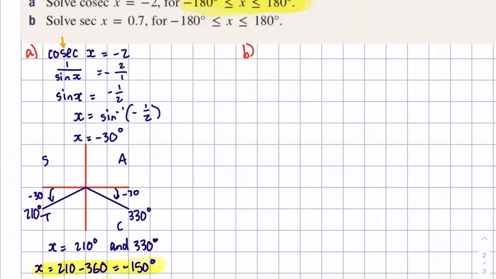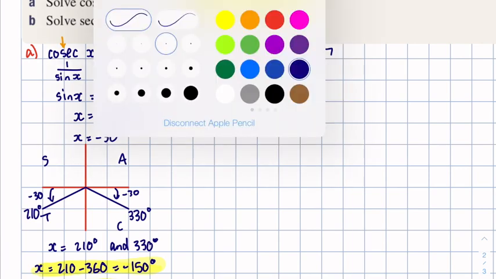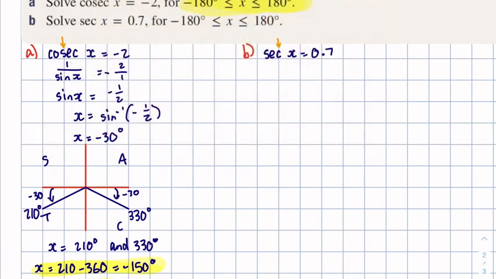For B, we've got sec x equals 0.7. Now, don't forget sec is 1 on cos, equals 0.7.